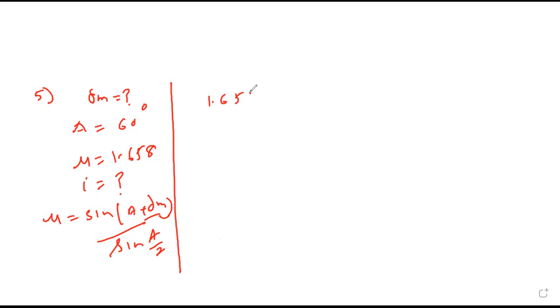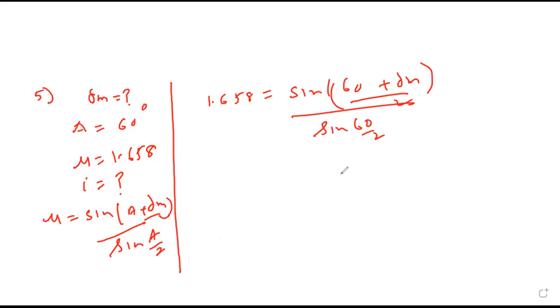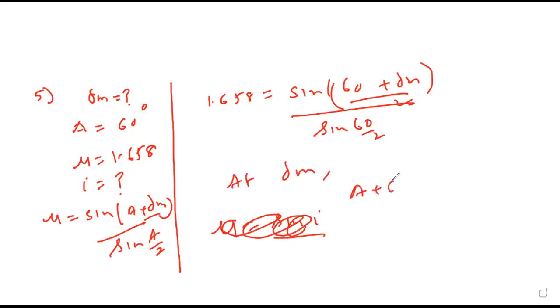So 1.658 is sine of (60 plus delta m) upon 2 divided by sine of 60 upon 2. So after simplifying this, you will get delta m. Mu is sine i upon sine R1, or at delta m, (A plus delta m) upon 2 equals i. Correct now? Yes, sir. Again, write this skeleton.